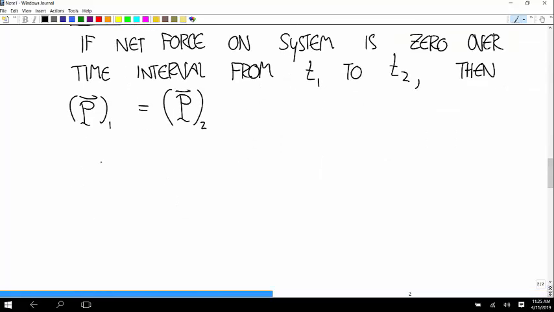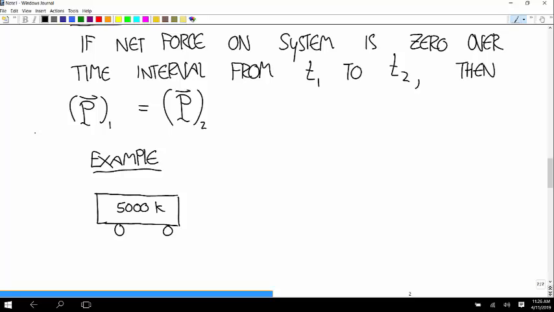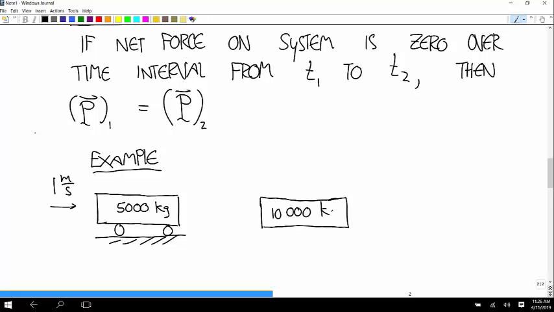So for example, let's say that you have like a train car coming in this way. Let's say it has a mass of 5,000 kilograms and it's moving at 1 meter per second, and it collides with a second train car that has a mass of 10,000 kilograms and is moving the other direction at 1 meter per second.